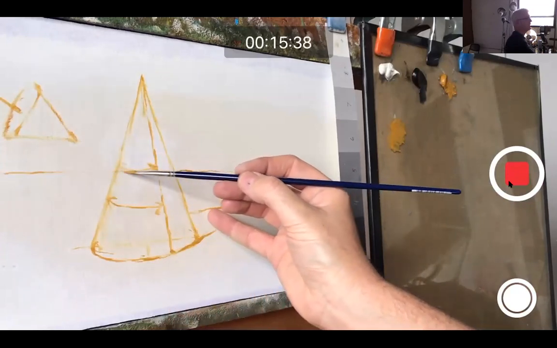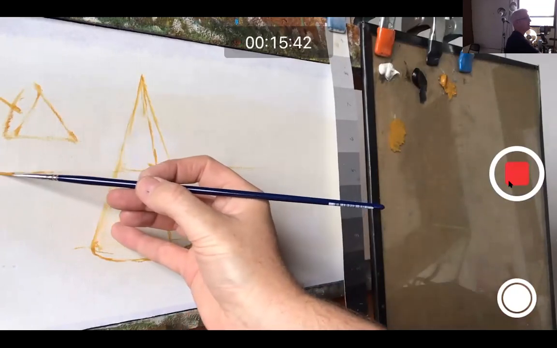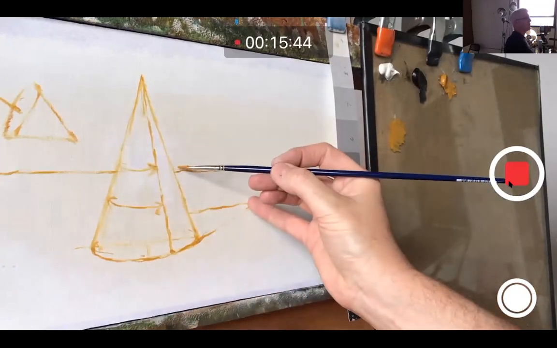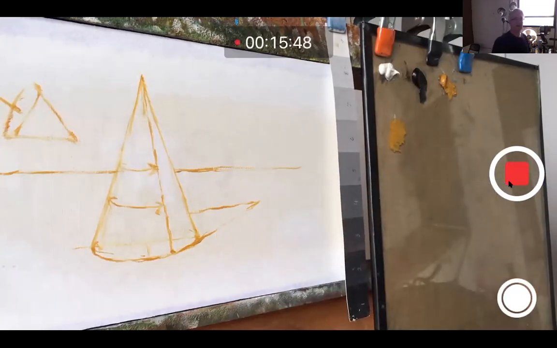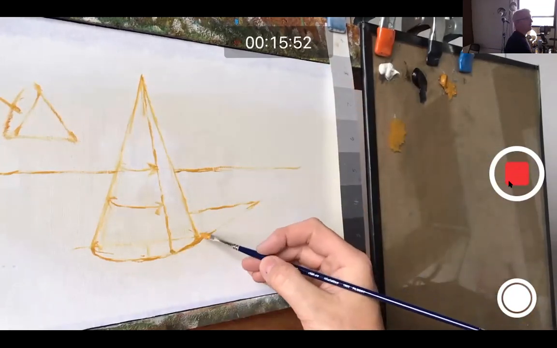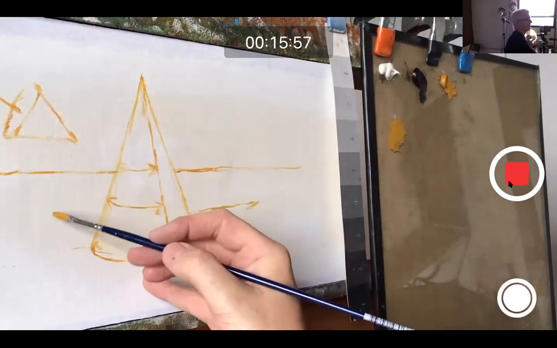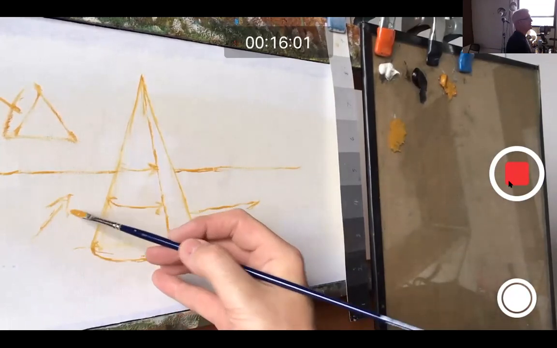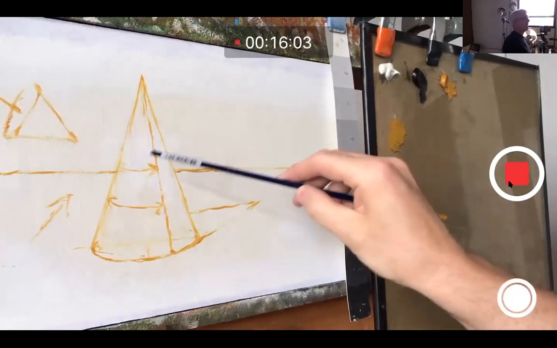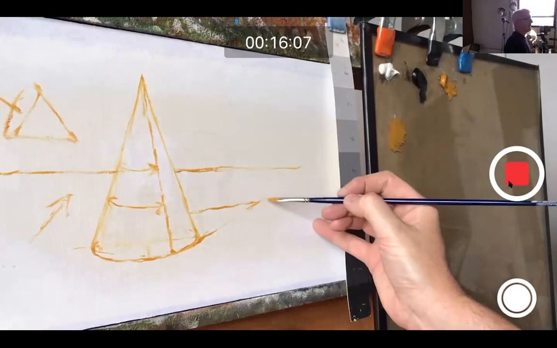Okay, so what I'm drawing right now is the point where the surface of the interior of that box meets the back wall of the box. So I have my contour of the cone. I have the surface that the cone is sitting on, which is moving backwards in space like this. I have my light side, dark side, and then I've drawn the cast shadow.